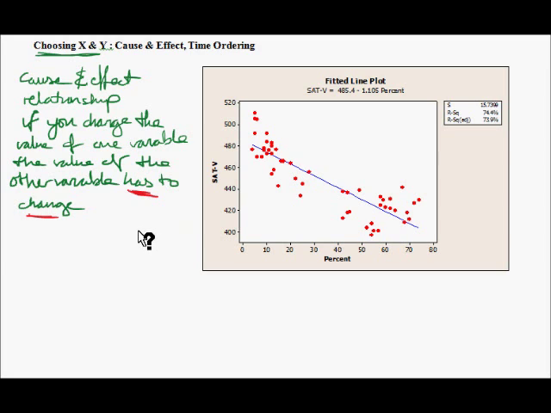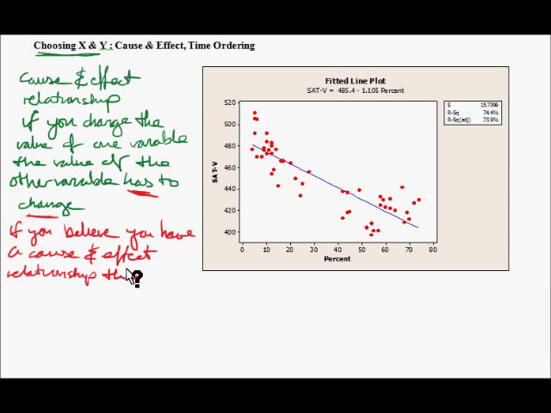If you believe you have a cause and effect relationship, then X should be the cause and Y should be the effect. So X equals cause and Y equals effect.